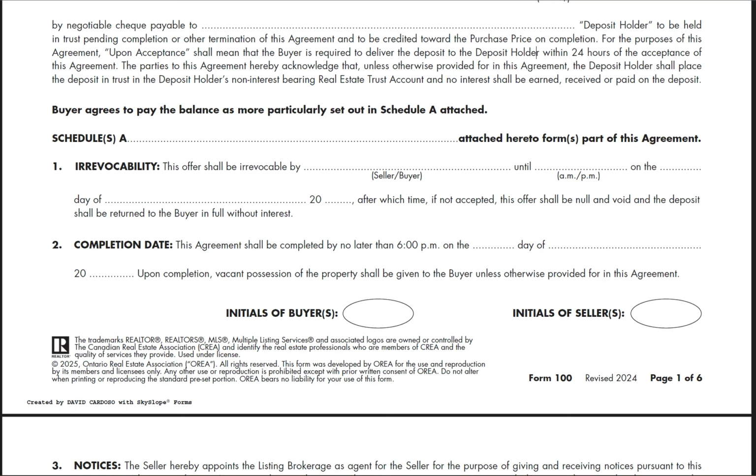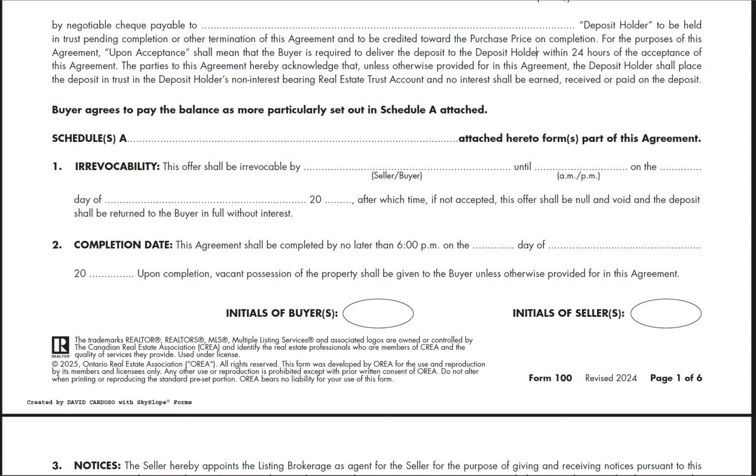Let's move on to irrevocable. So basically the irrevocable is a way in which it creates a time frame to progress if negotiation ensues.